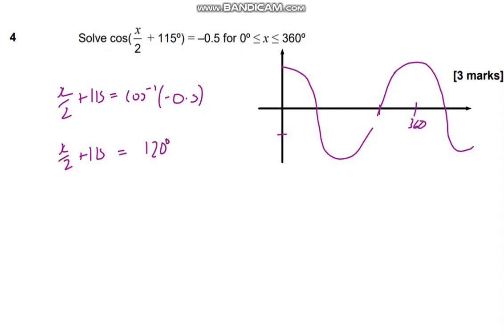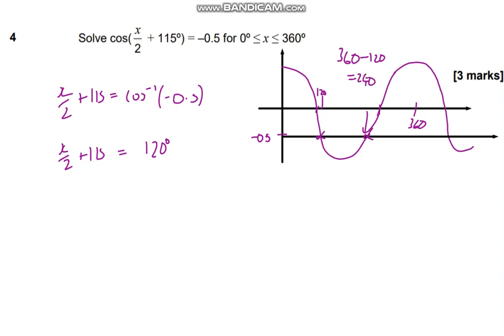Obviously minus 0.5 is here, so if we just put a line across, we can see that we're going to have two possible answers. We've got this one, so that's 90 there, so that's obviously 120 here. So this one, we'd have this answer here. Now that's obviously going to be 360 minus 120, and so that is 240.